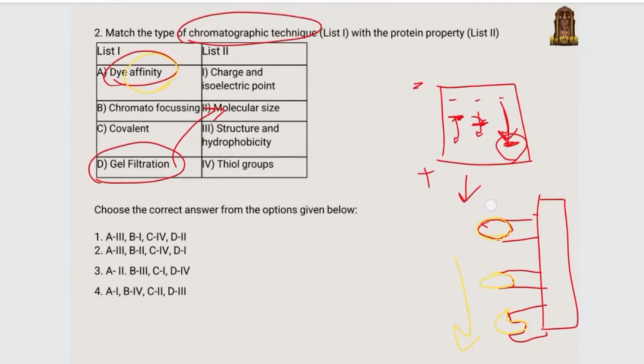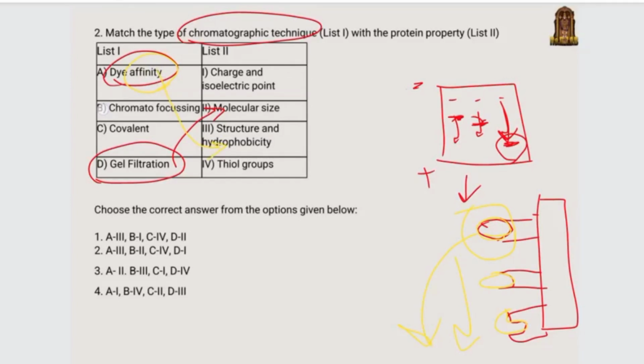If you apply pH or temperature, then the structure will be changed, and the structural affinity will not be there. So you can collect it. It will go down in that case. So it depends on the structural hydrophobicity.